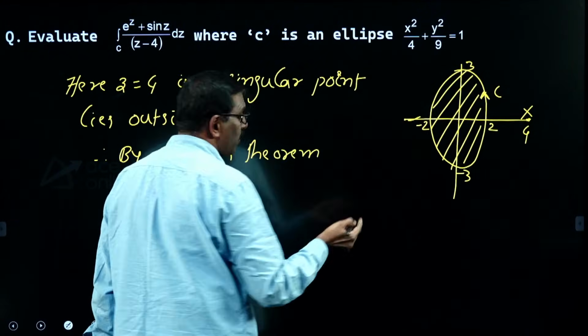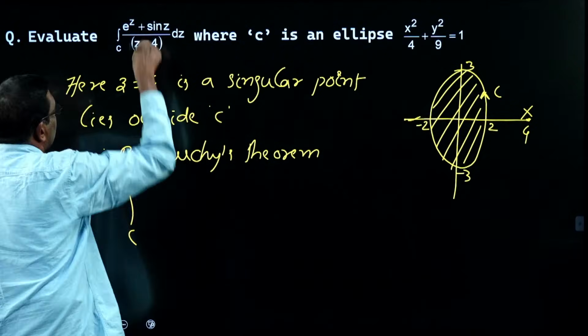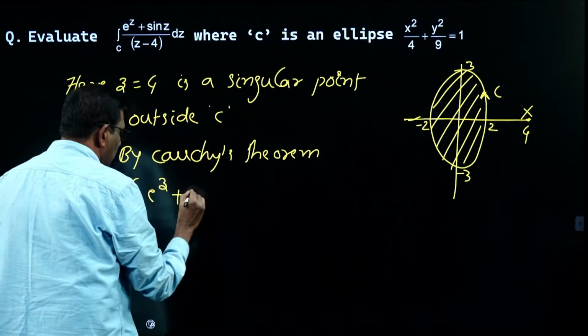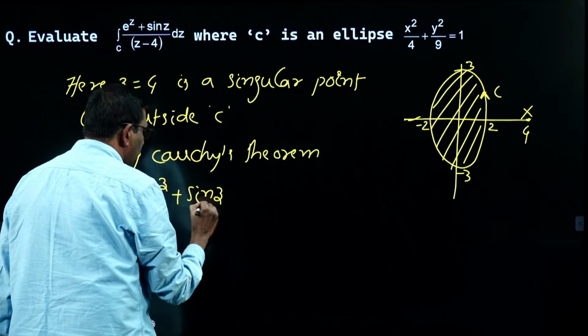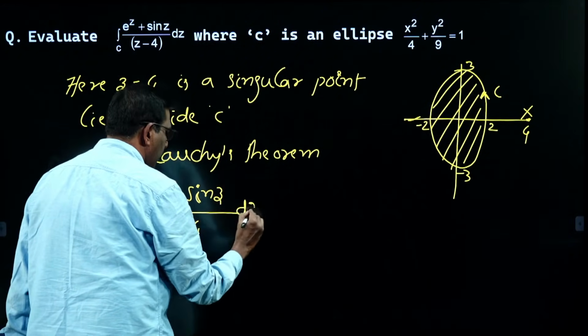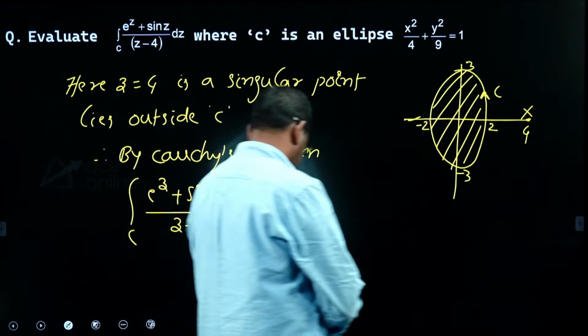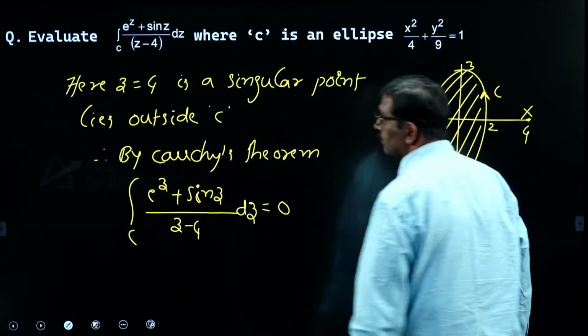If any singular point lies inside, then the integral formula will apply. The integral over C of (e^z + sin z)/(z - 4) dz is equal to 0. Understood? Clear?